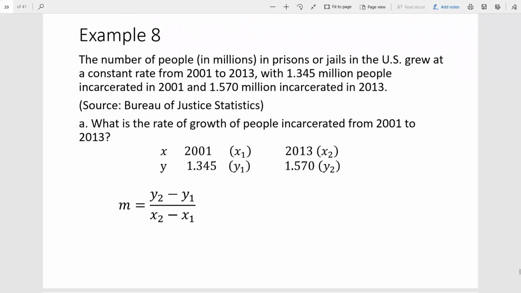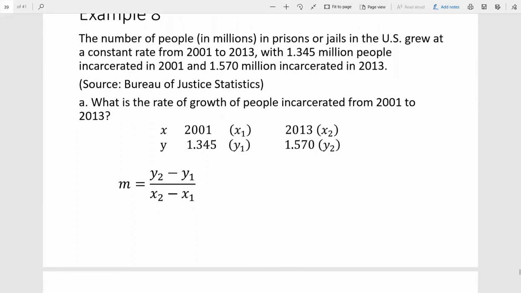Well, the first thing I'm going to do is look at the first point, which is the year 2001, with 1.345 million. We're going to eventually call this n, but I'm going to call the number of inmates incarcerated y, because it's easier to use a formula that way.